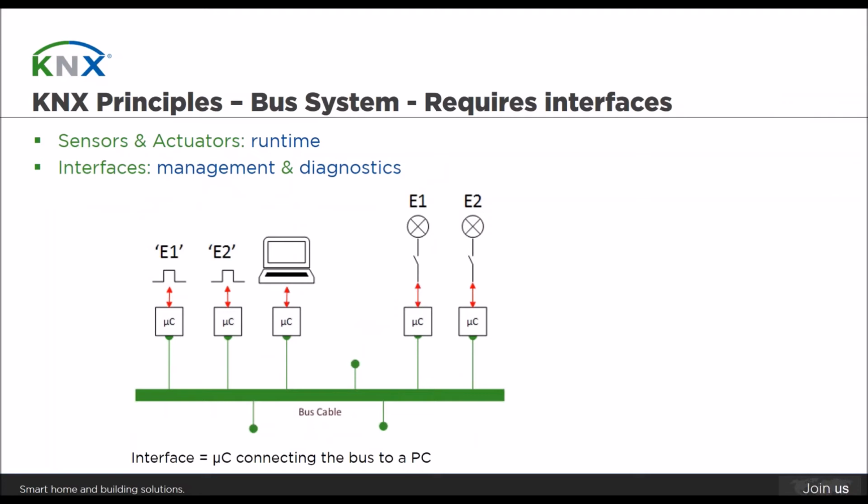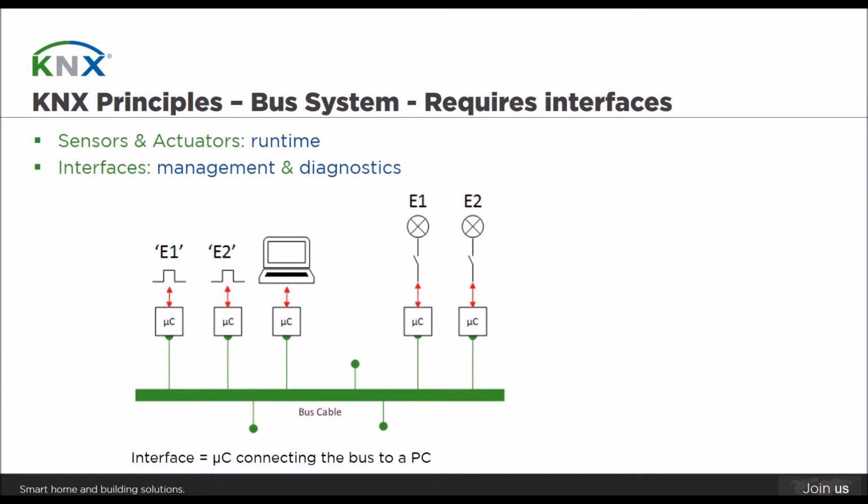In order to introduce yet another advantage, we have to present another aspect first. The bus systems also require interfaces, actually. So far, we have been talking about the runtime aspect of a bus system, so we have been talking about sensors and actuators, but there is also the need for an interface, because a KNX bus installation needs also to be managed, and indeed, sometimes diagnostics might also be required, as things might, of course, go wrong, and consequently, we need to investigate.